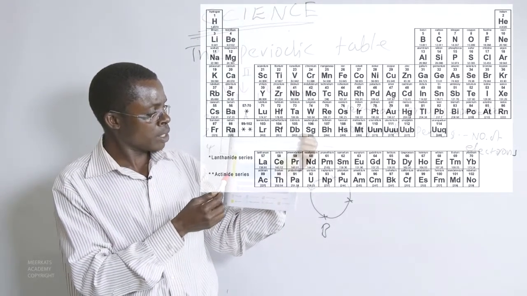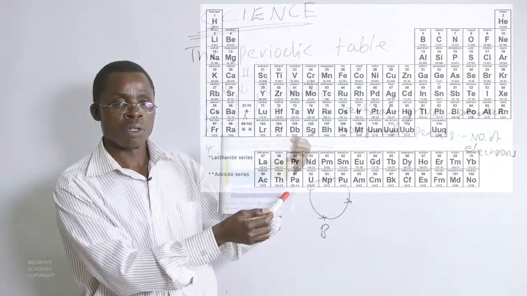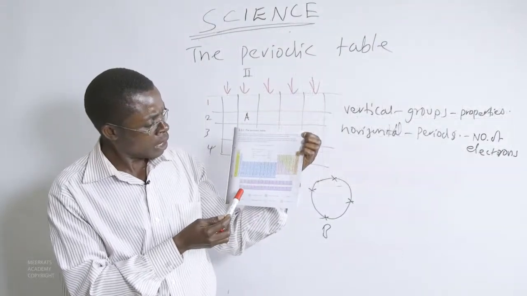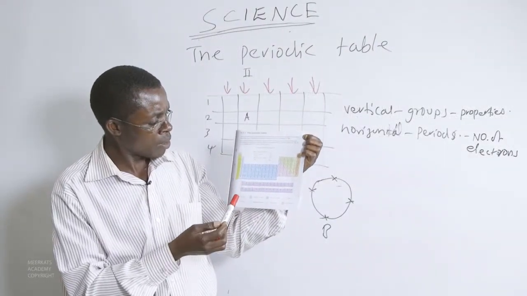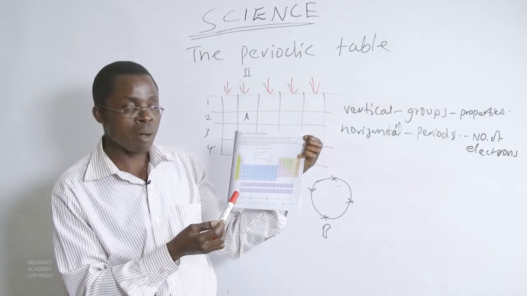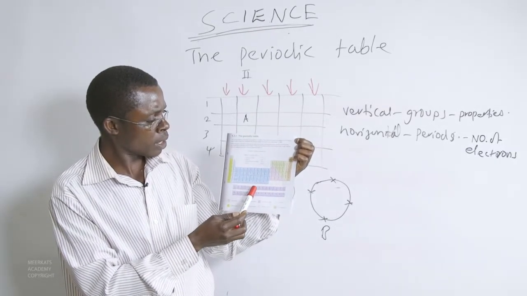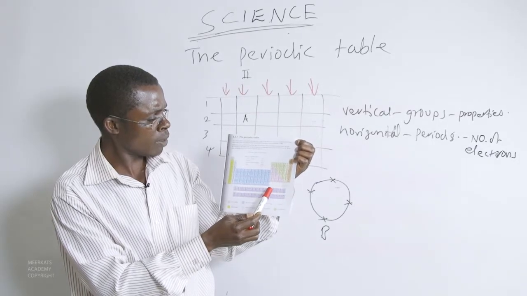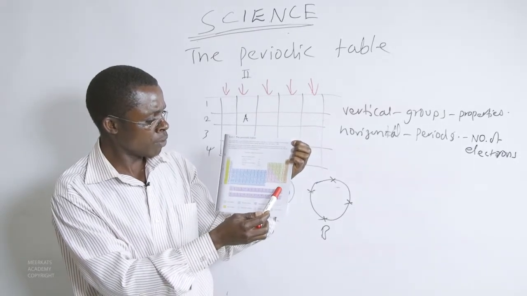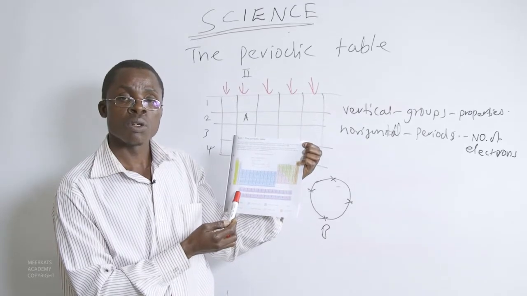Then we also have those that are going horizontal. Then we also have these other elements down here. Maybe let's count them: 1, 2, 3, 4, 5, 6, 7, 8, 9, 10, 11, 12, 13, 14, 15 times 2, 30.